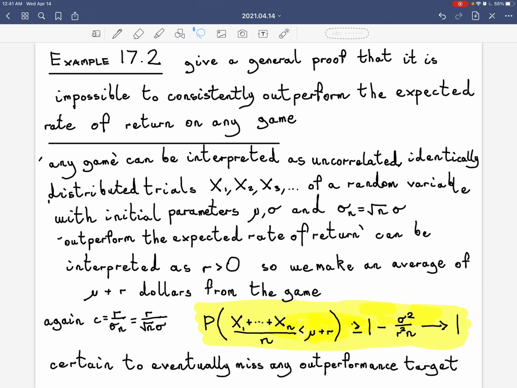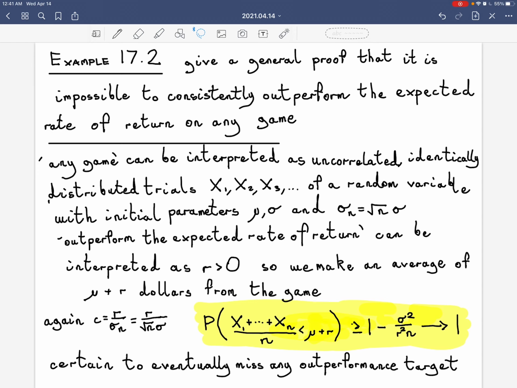Uncorrelated means that the correlation is zero. This is a consequence of independence, but it does not imply independence. In fact, the concept of uncorrelation and independence for random variables is pretty much the same as the concept of the independence equation for two events versus the independence equation for three or more events.